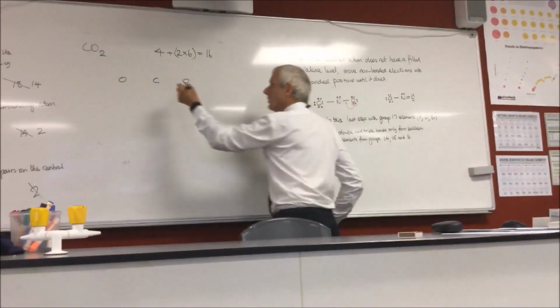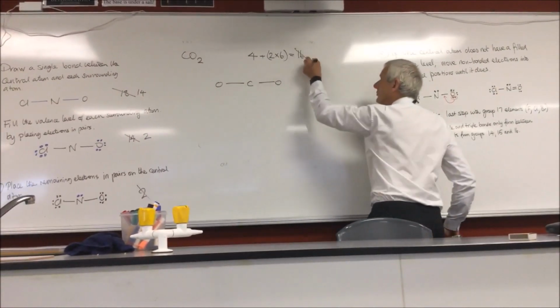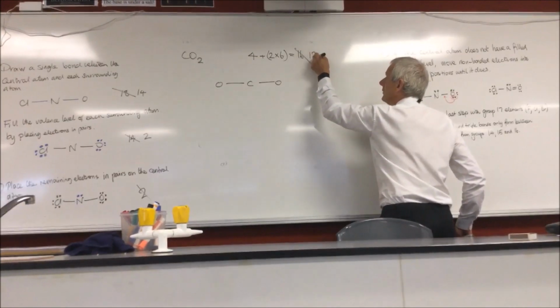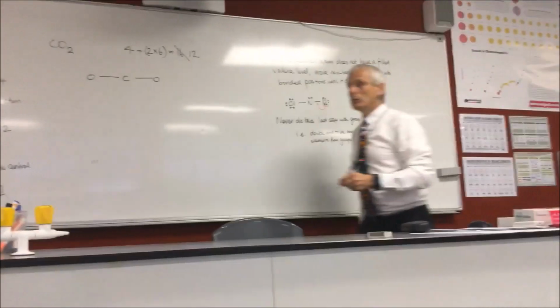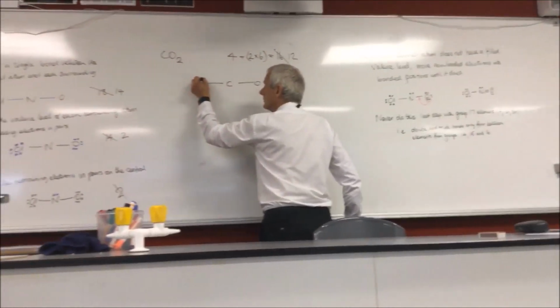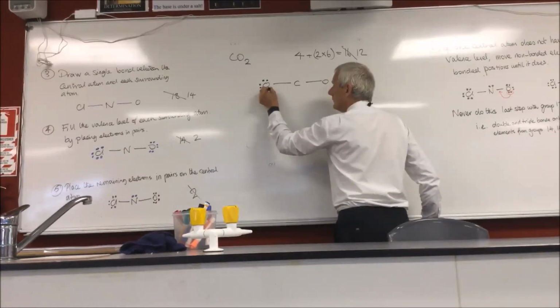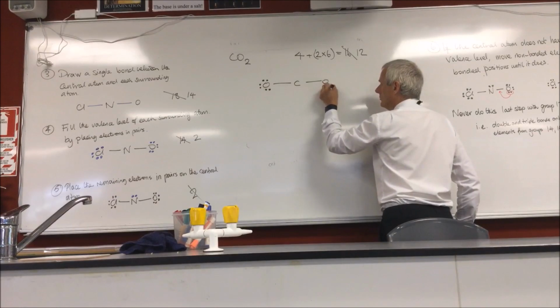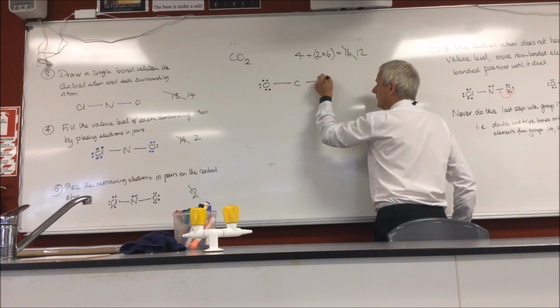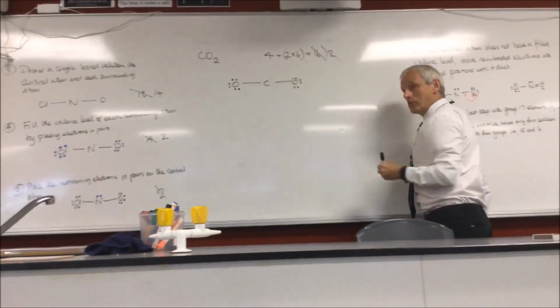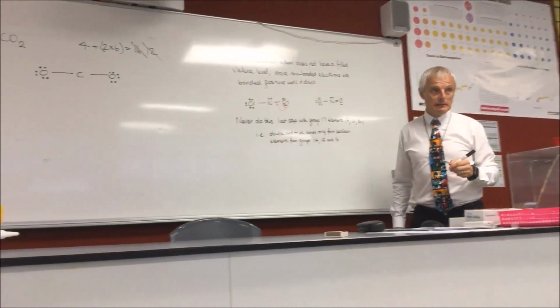So if we now draw in 2 bonds, 16 goes down to 12. Yeah? We can now put in 1, 2, 3, 4, 5, 6. 1, 2, 3, 4, 5, 6. Everything's gone. Okay?